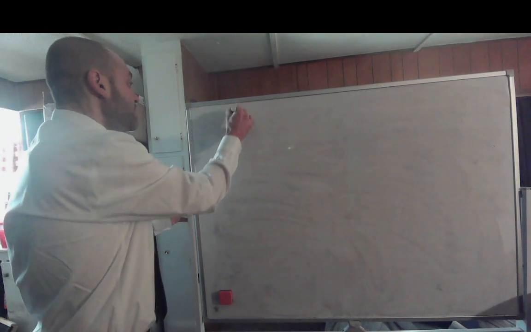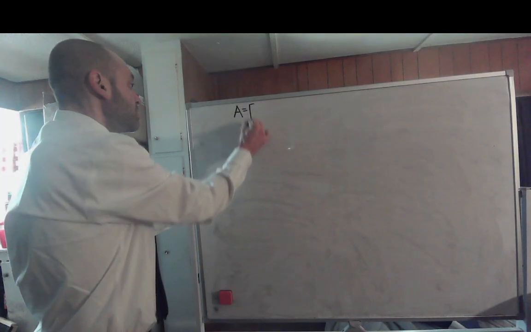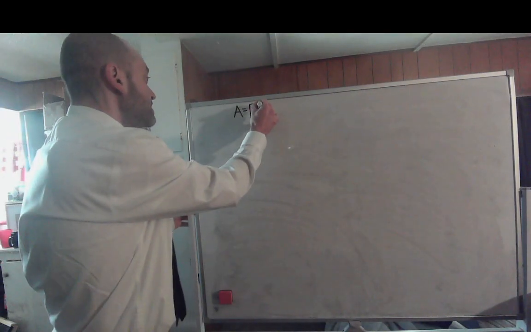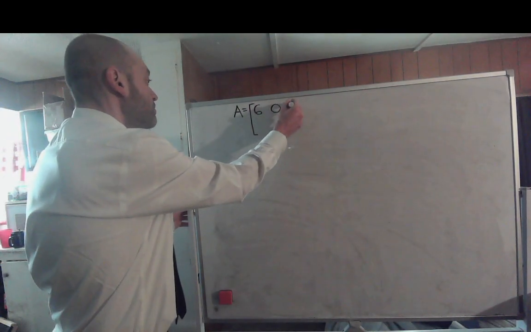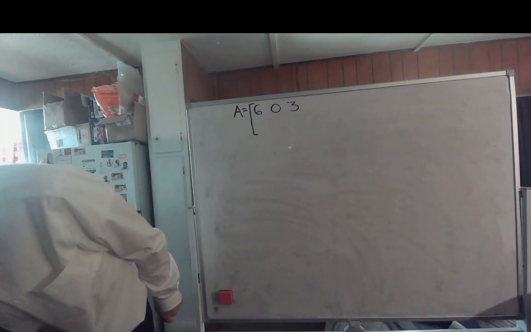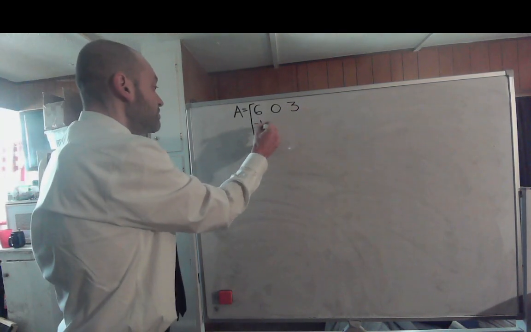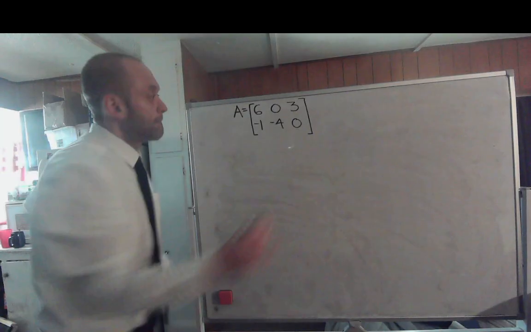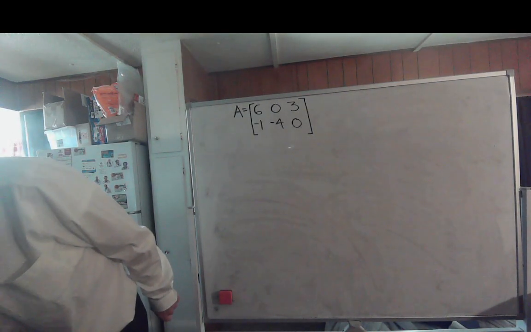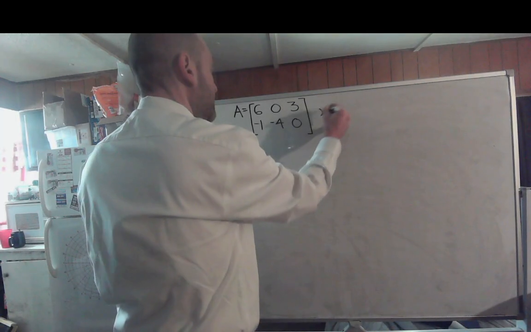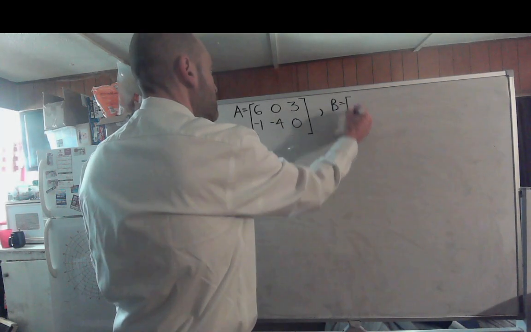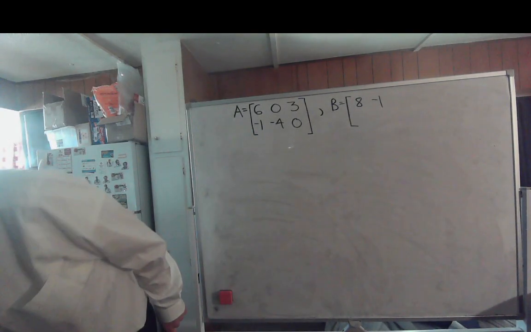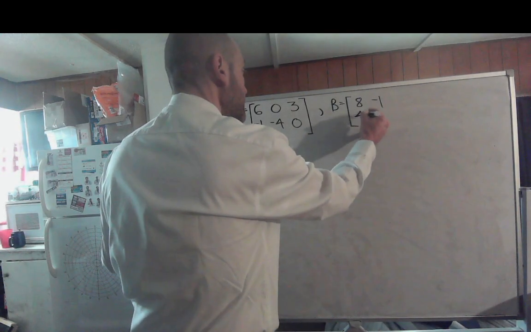So we have matrix A. Let's see, it's got entries 6, 0, 3, negative 1, negative 4, 0. Then we have matrix B with entries 8, negative 1, 4, negative 3.